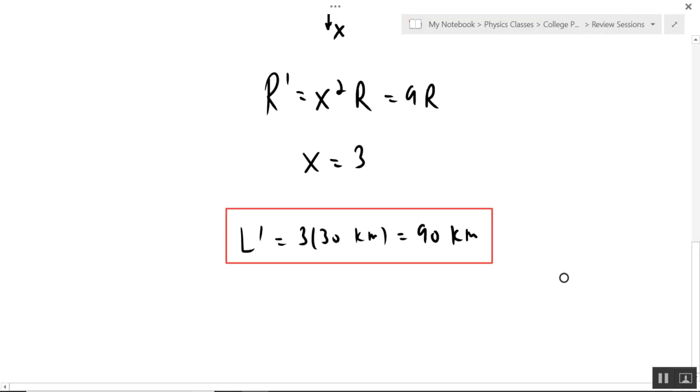Does that make sense? Opposite. Right. So if the current went up by 10, from 10 to 90, then the length would be 3 times smaller. It would be 10 kilometers instead of 30, right? All right. Any other questions?